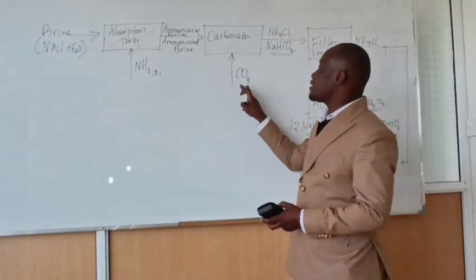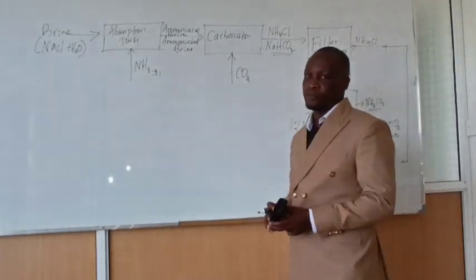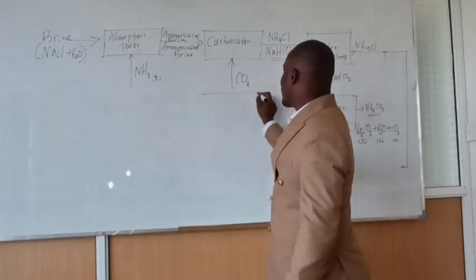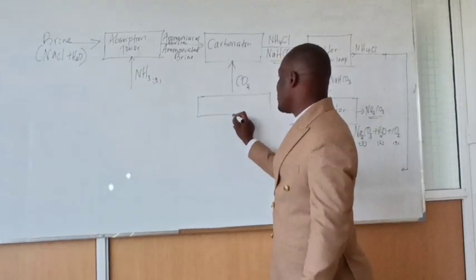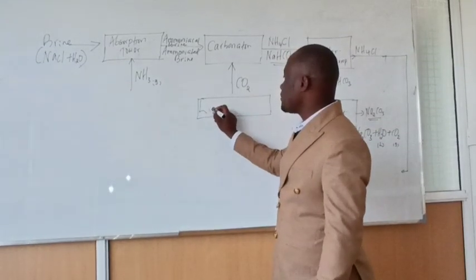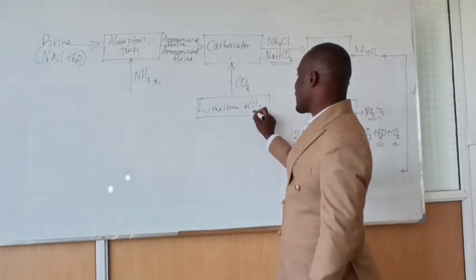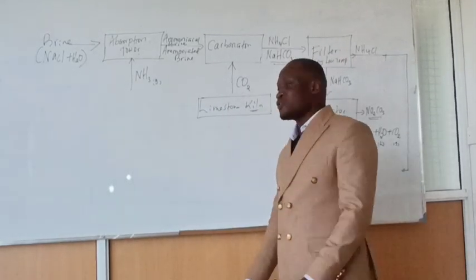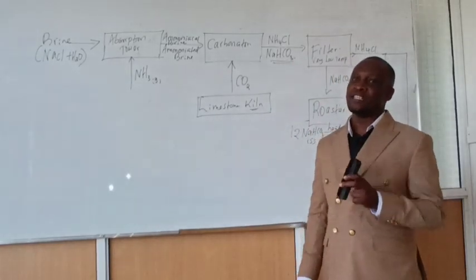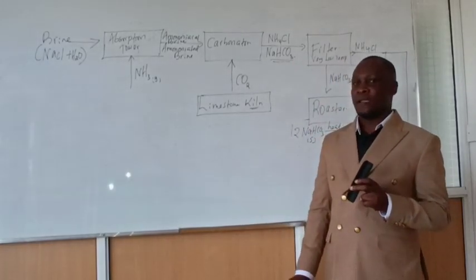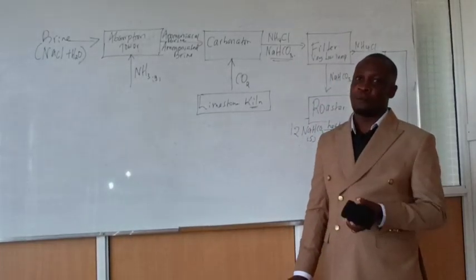Now, where did the carbon 4 oxide come from? It comes from a chamber known as the limestone kiln. A kiln is where limestone is intensely heated so that it decomposes.